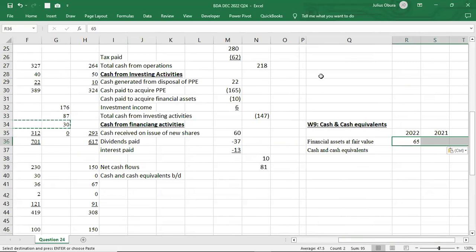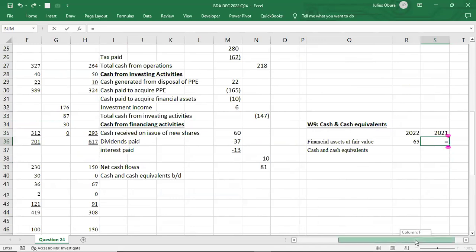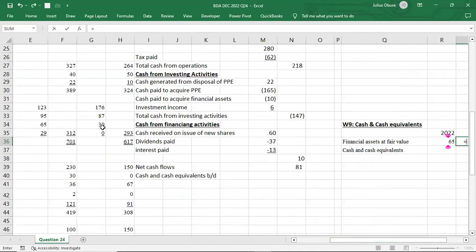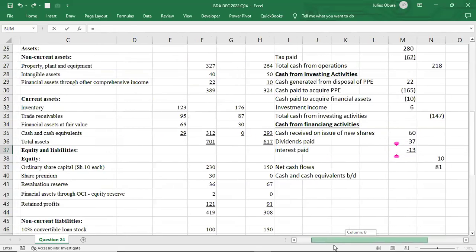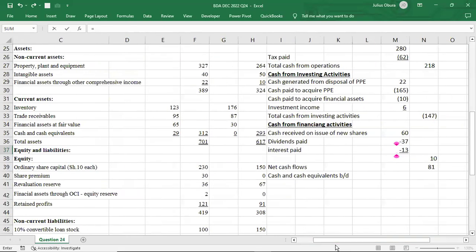65. What happened now? 2021, this should be equal to 30 here. And then for my cash and cash equivalents, 2022 will be equal to 29.